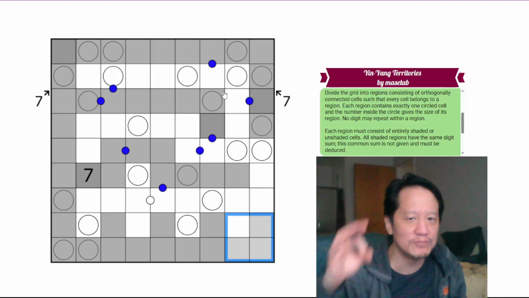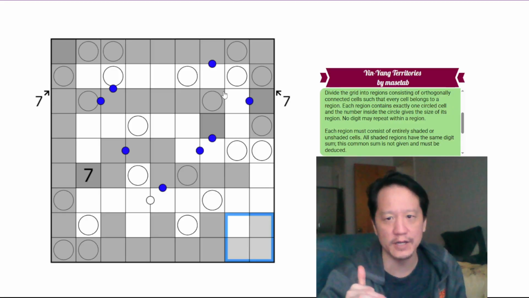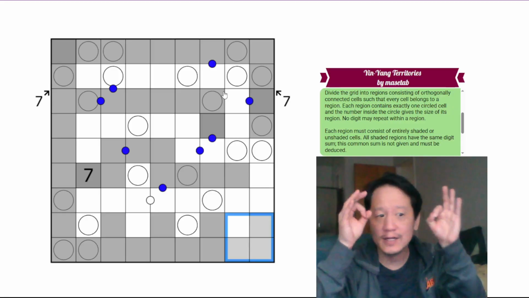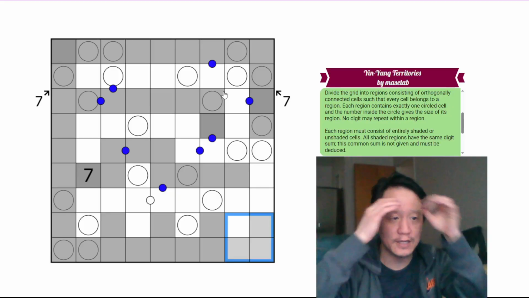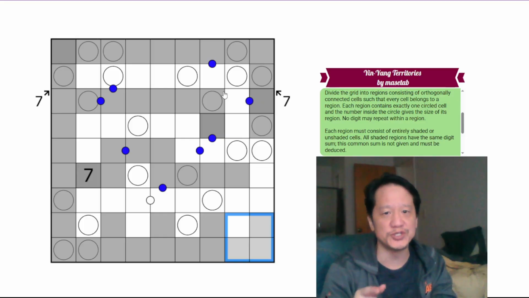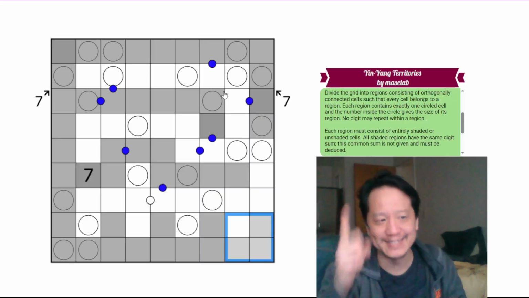But the same digit sum is very ambiguous, right? It could be the same digit sum, where basically it's the sum of the digits, or the same digit sum, which is implying that the sum is a digit.